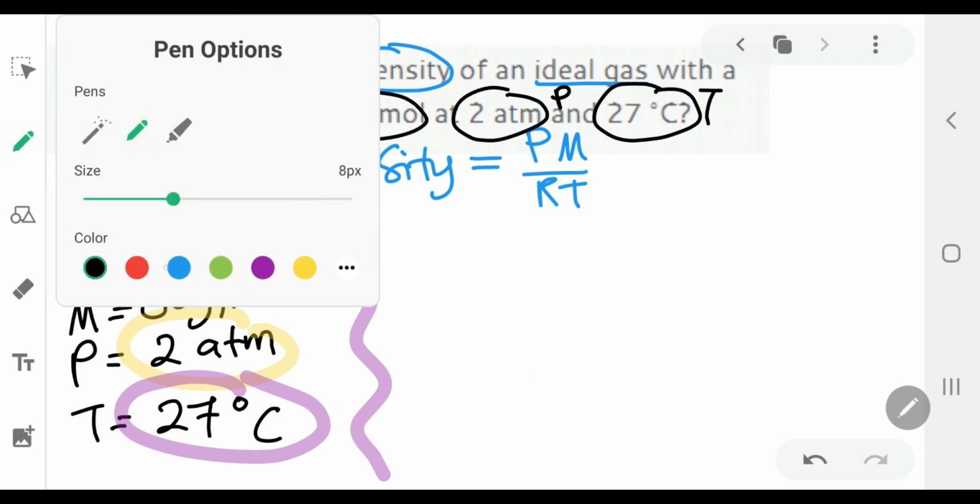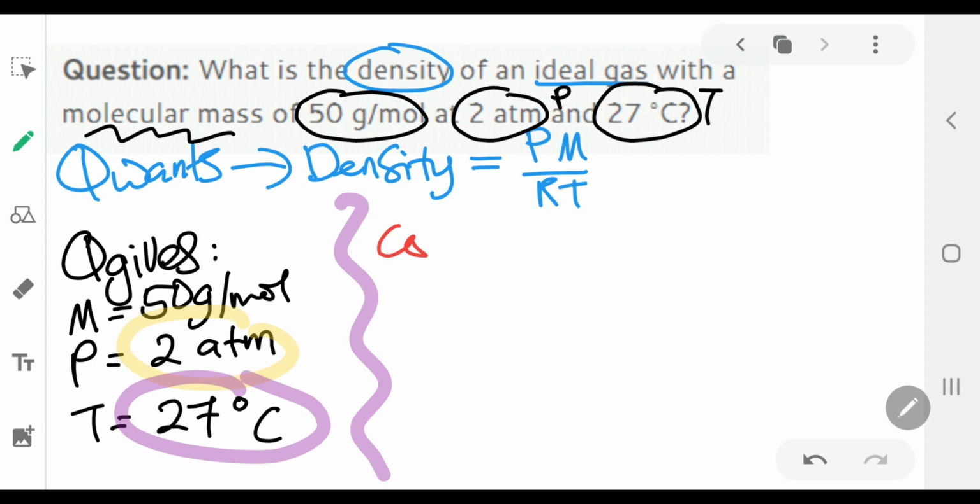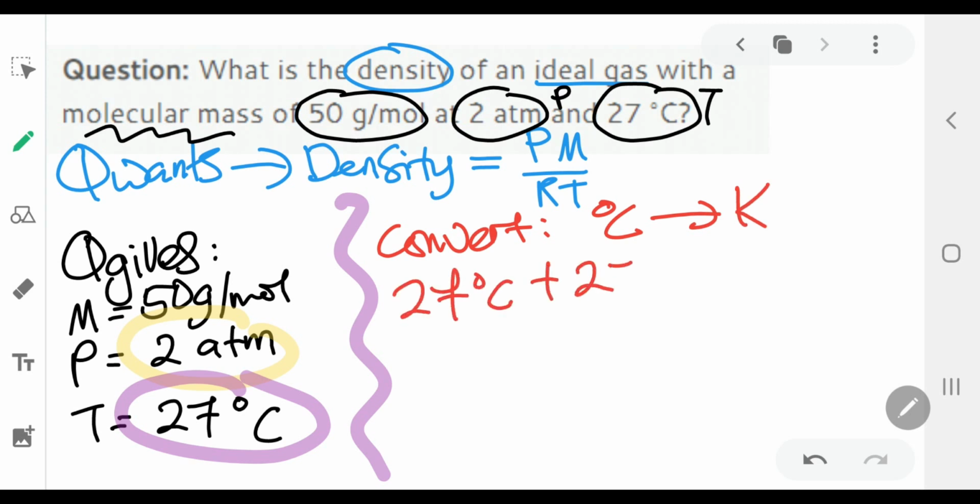So we have 27 degrees Celsius plus 273.15, and you would be getting around 300.15 Kelvin.